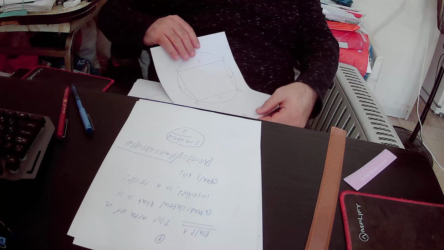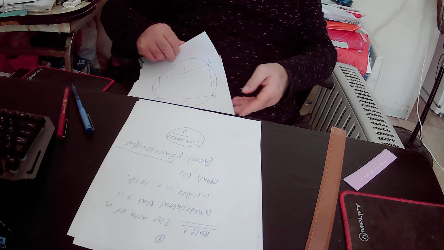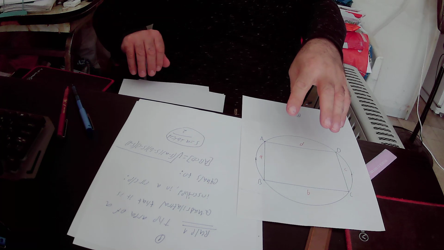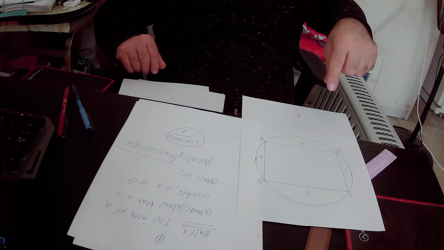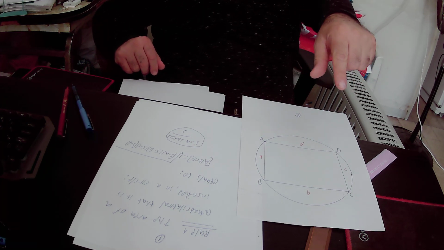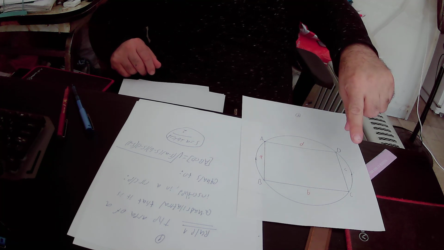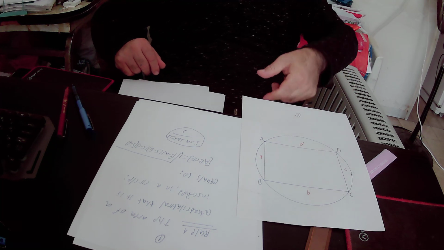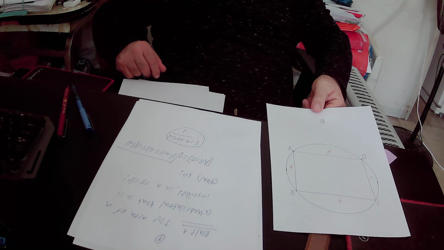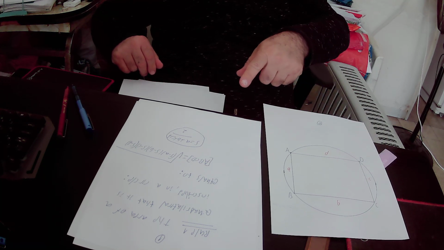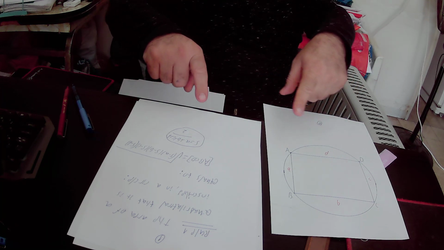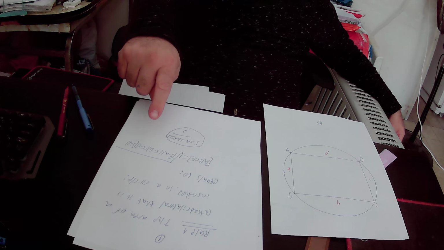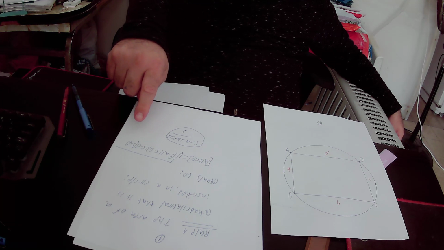We have this circle, and inside this circle we have this quadrilateral with side AB equal to A units, side BC equal to B units, side CD equal to C units, and side AD equal to D units. So the area of this quadrilateral ABCD equals the root of s minus a times s minus b times s minus c times s minus d.